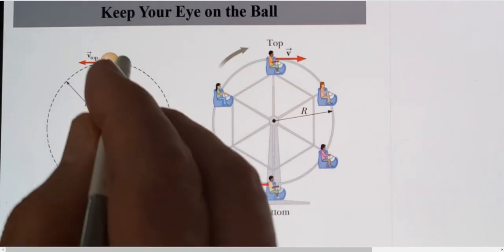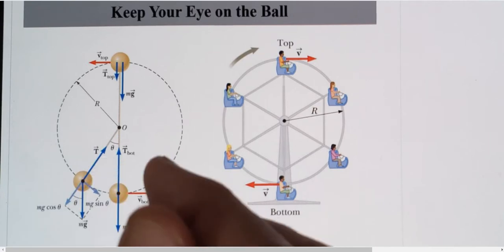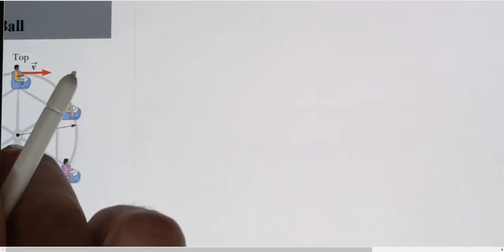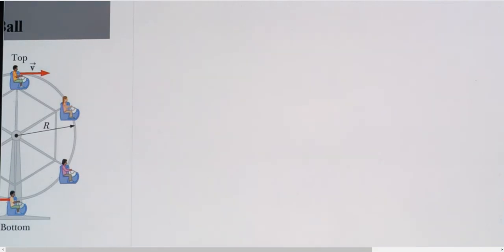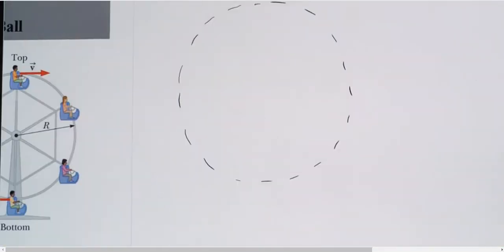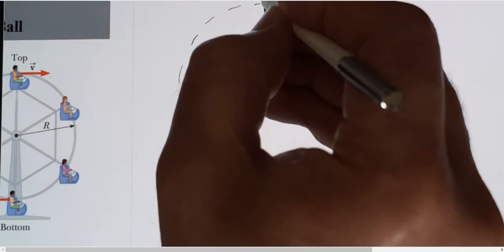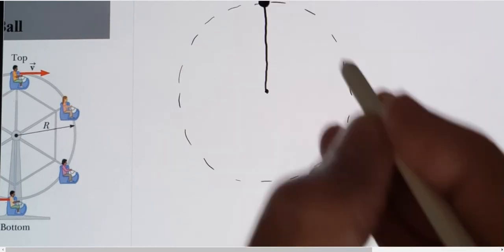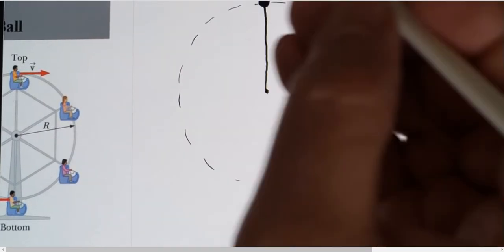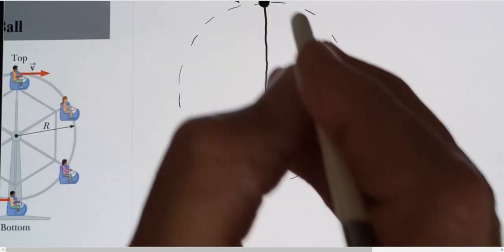So let me just redraw this diagram. Exactly the same, but I will do it step by step to make it clear. So we have our circular motion. We have a string, and attached to that string we have a ball, and it's moving in this direction.